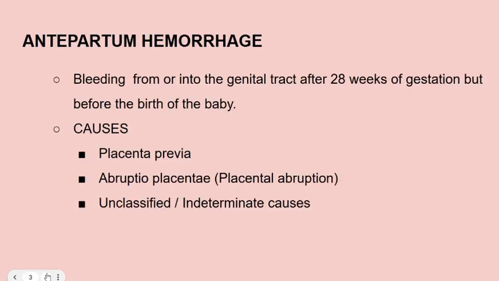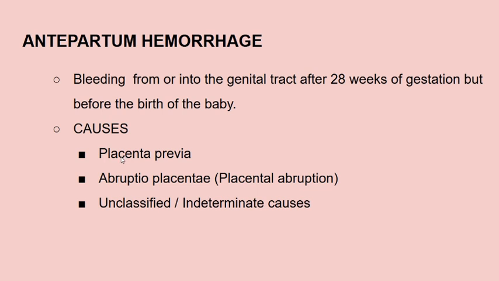So, an antepartum hemorrhage is bleeding from the genital tract after 28 weeks of gestation, but usually before the birth of the baby. As you all know, postpartum hemorrhage is bleeding after the birth of the baby. There are three main causes: placenta previa, abruptio placentae, and unclassified or indeterminate causes.